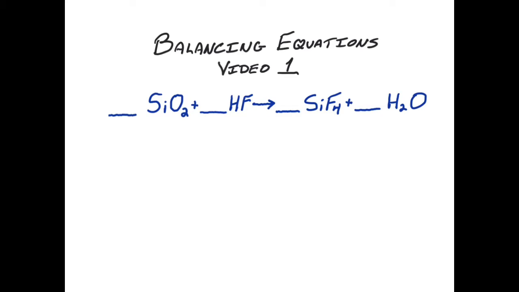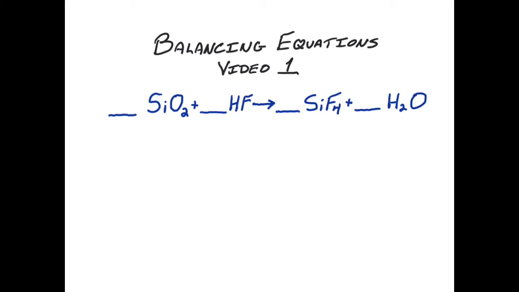Again, a properly, perfectly college-level balanced equation will have correctly written molecules with states such as solid, liquid, gas, and aqueous. And it will also have the lowest whole number ratio for the coefficients. But what we're focusing on is just let's get the whole number ratios for coefficients.